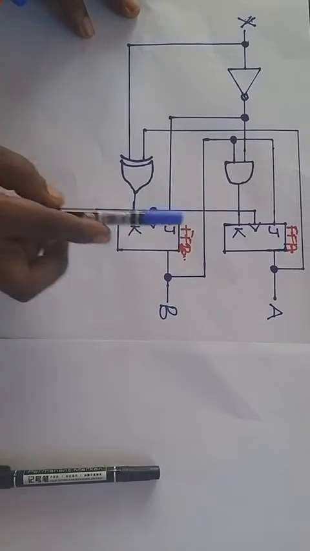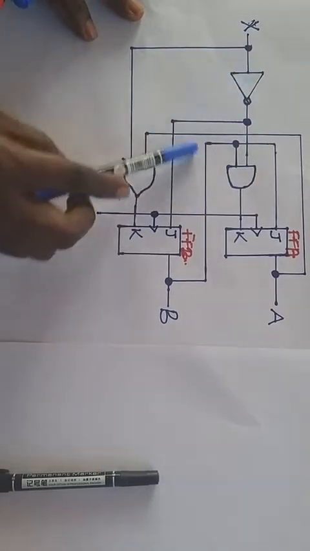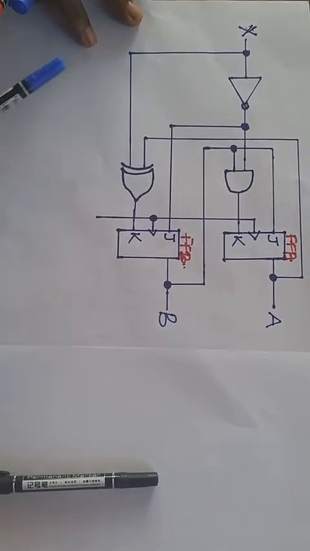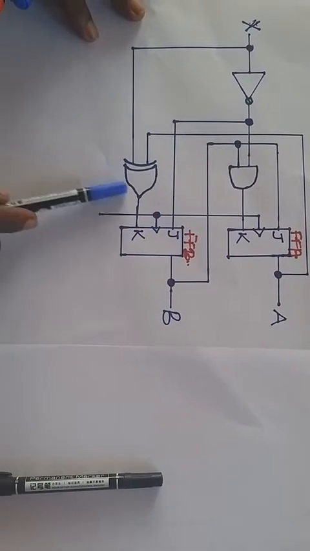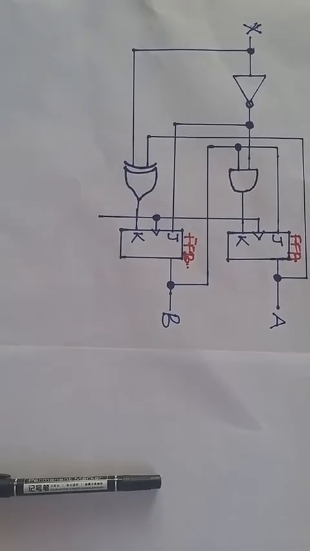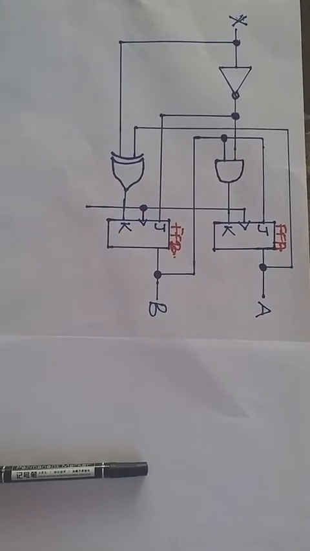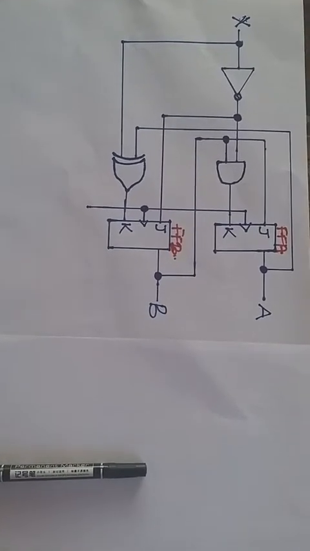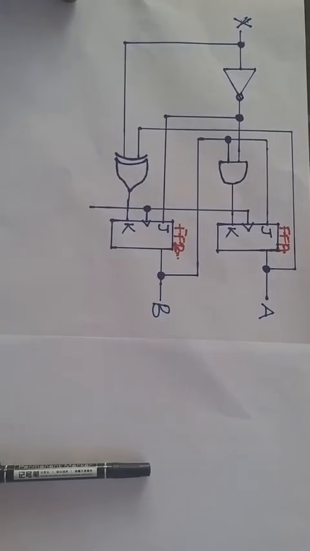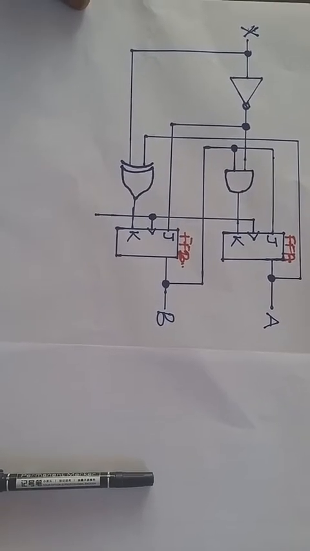The K of flip-flop A is made up of a combinational circuit, and the K for flip-flop B is an exclusive OR gate. So this is what we've been asked to analyze. We want to see the behavior of this circuit. It's a synchronous sequential circuit.